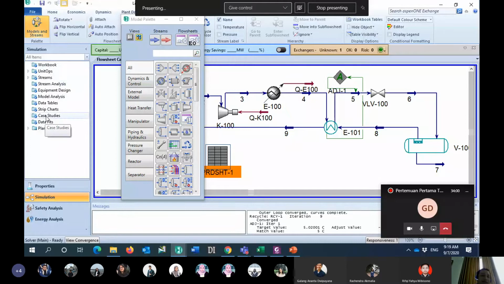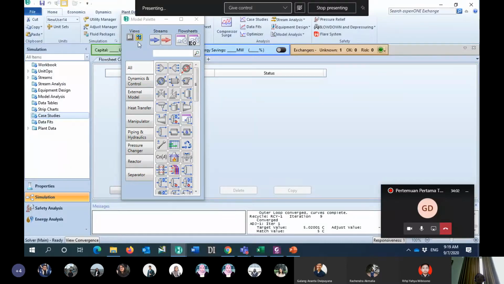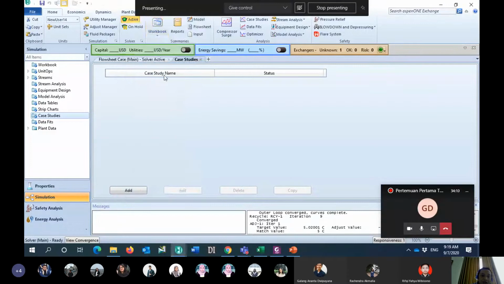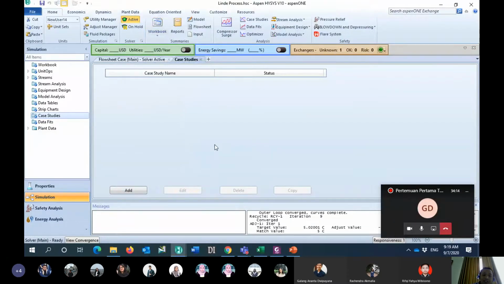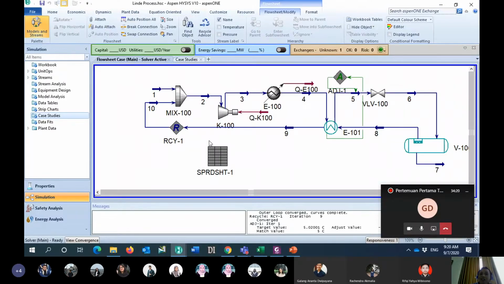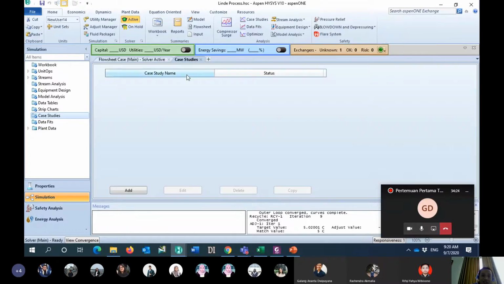You can click case studies. Oh, your flow sheet suddenly disappeared. Don't forget that you can still click flow sheet here to make your flow sheet appear again. But we will go to the case study tab.